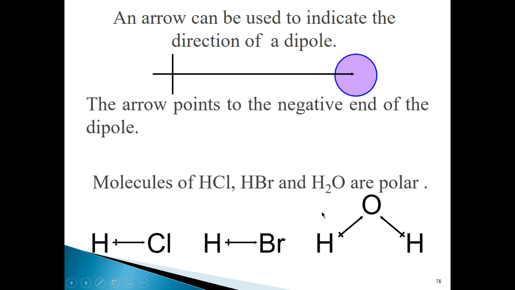Now, the thing about water is that it has a bent shape. Later on, we're going to learn to predict the shape of molecules, but for now, you can accept that the water molecule is bent, and as a result, the dipoles within each bond will be as shown here. In each case, the arrow is pointing from the positive end of the dipole to the negative end. In other words, the arrow is pointing towards the more electronegative element of the two involved in the bond.